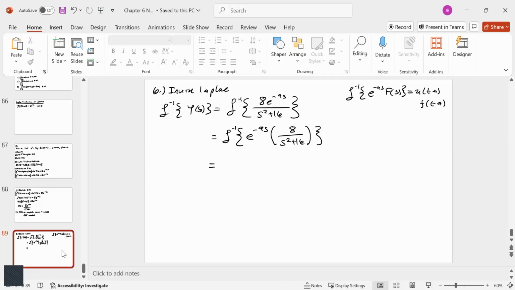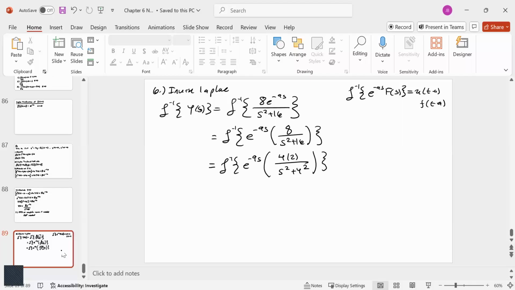So essentially, we're going to do the step function at t minus 9. And then we know, if you notice that 8 is really just 4. Well, actually, I'll show that step. The Laplace transformation of e to the negative 9s times 4 times 2 over s squared plus 4 squared.